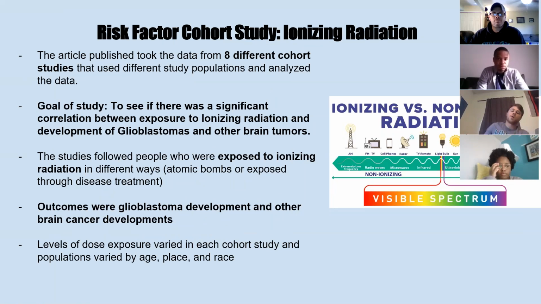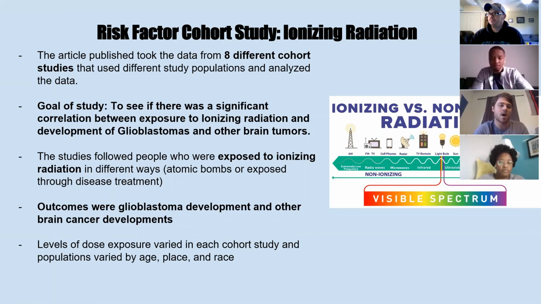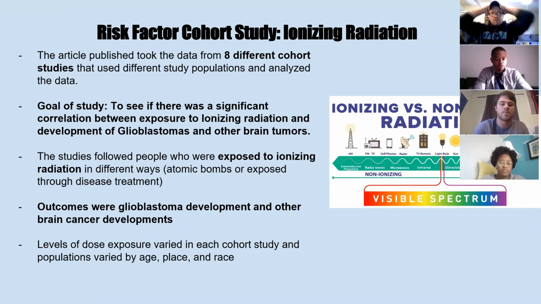So the observational study that I went over with the risk factors of ionizing radiation took 8 different cohort studies and analyzed the data from them to get a sort of meta-analysis on how ionizing radiation affects the development of brain tumors.